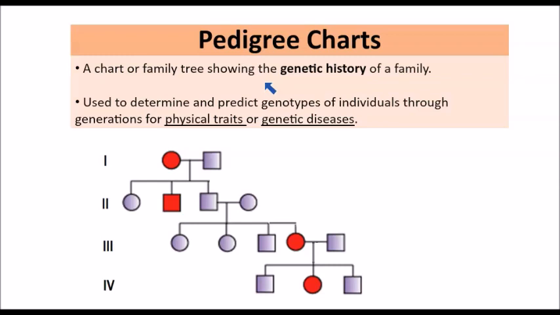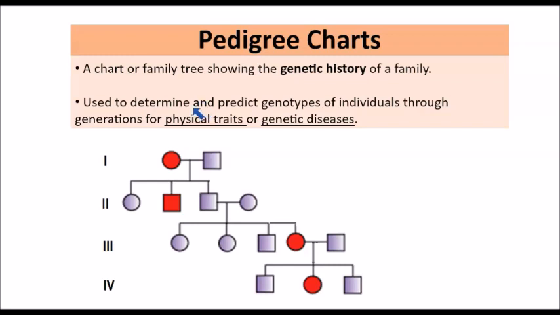So what exactly are pedigree charts? A pedigree chart is simply a chart or a family tree that shows the genetic history of a family. It helps us to analyze inheritance patterns of certain traits within a family, and provides insight as to what traits are passed on from generation to generation.